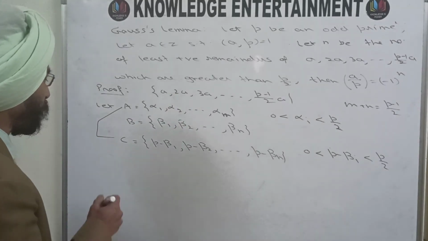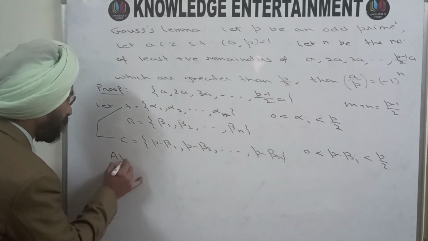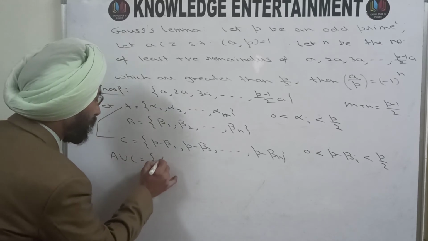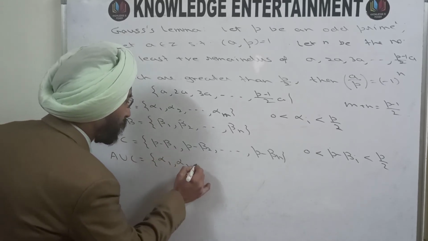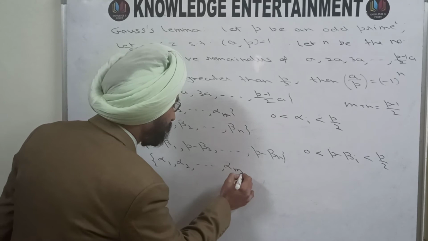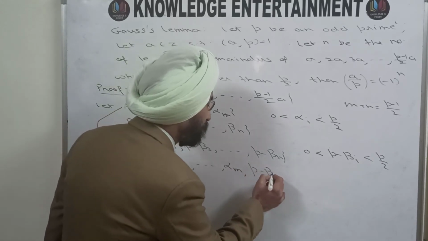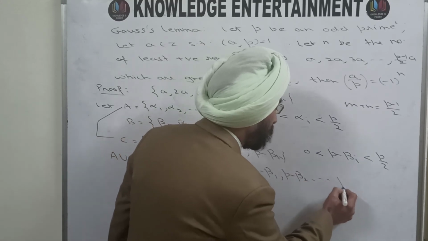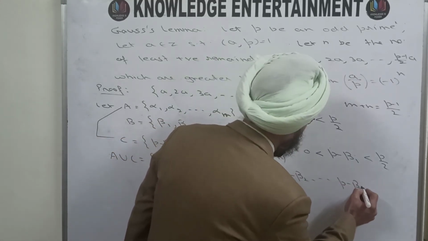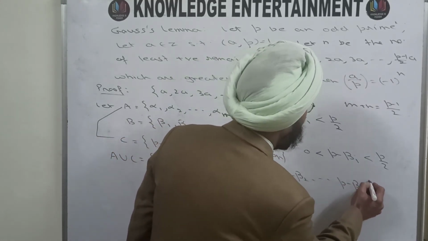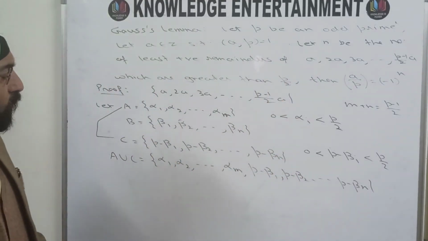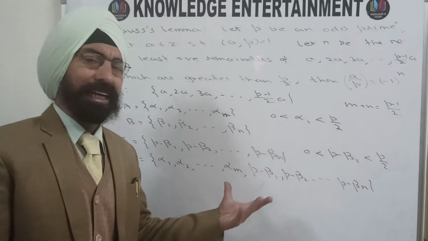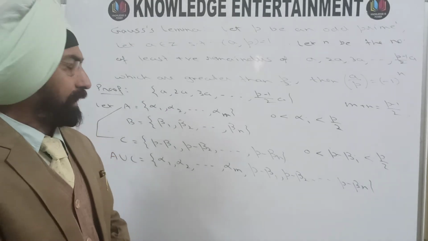So take their union, A union C. A union C means alpha 1, alpha 2 and so on, alpha m, then p minus beta 1, p minus beta 2 and so on, p minus beta n. Now these are the remainders.